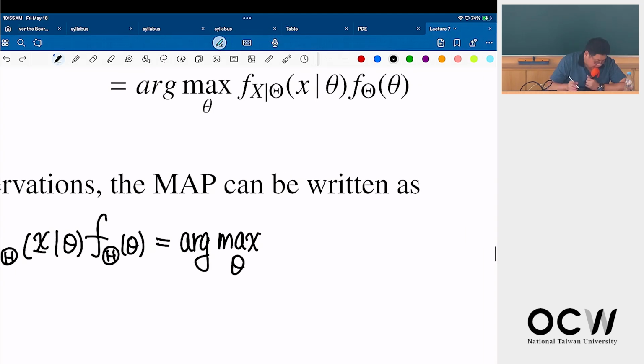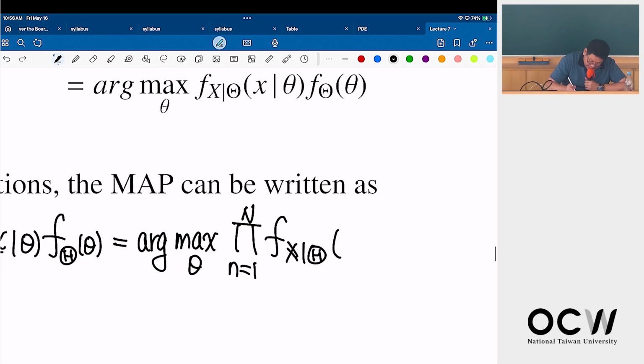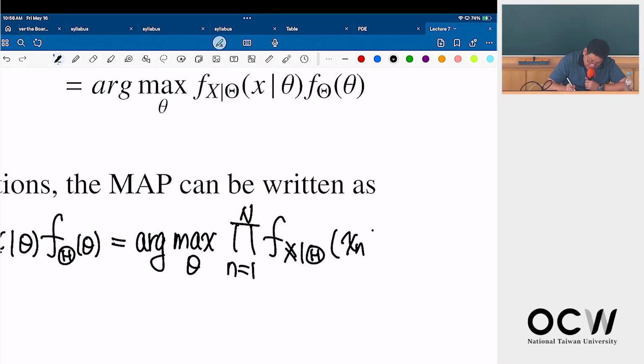Then there will be a product, because they are IID, of the conditional PDFs of x1 given theta, up to xn given theta.